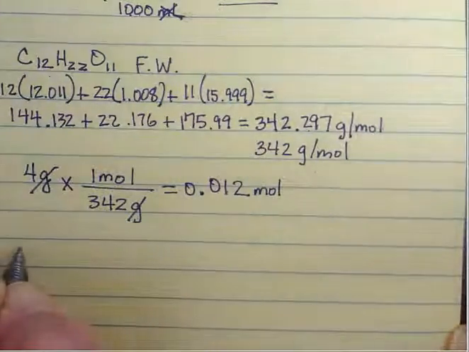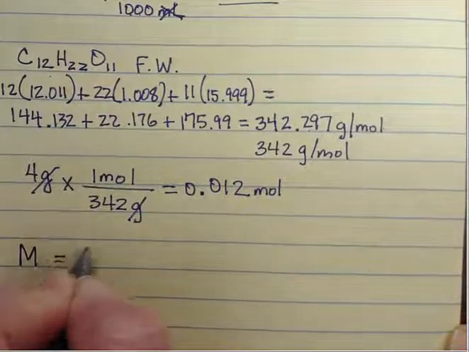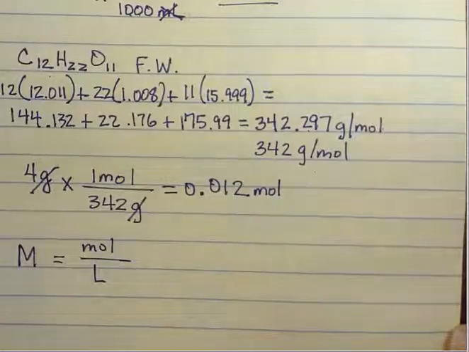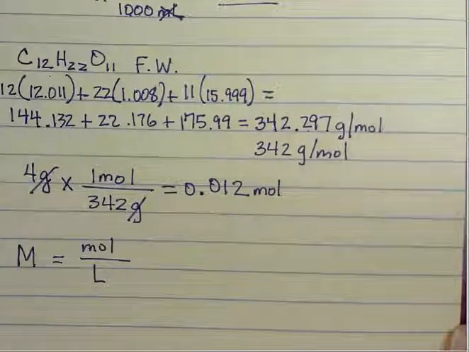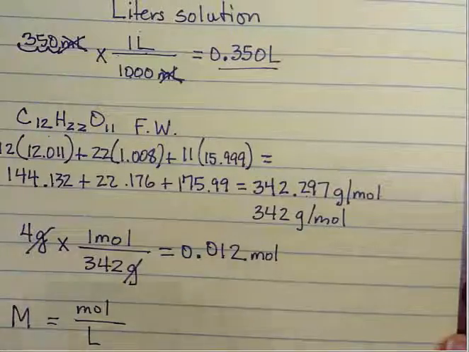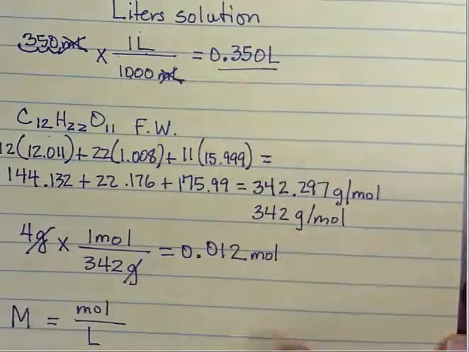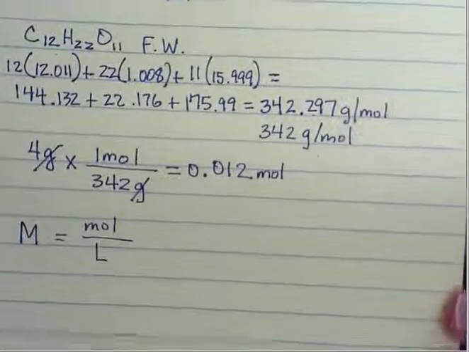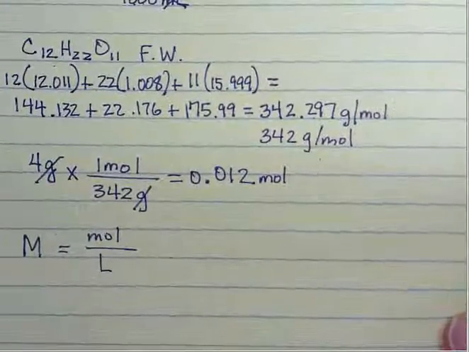So we know again that big M equals moles of solute over liters of total solution. So we can go ahead and put both of these values in, right? Because we've got our volume up here, and we've got our moles right here. So we can put these values in and calculate the molarity of the solution.